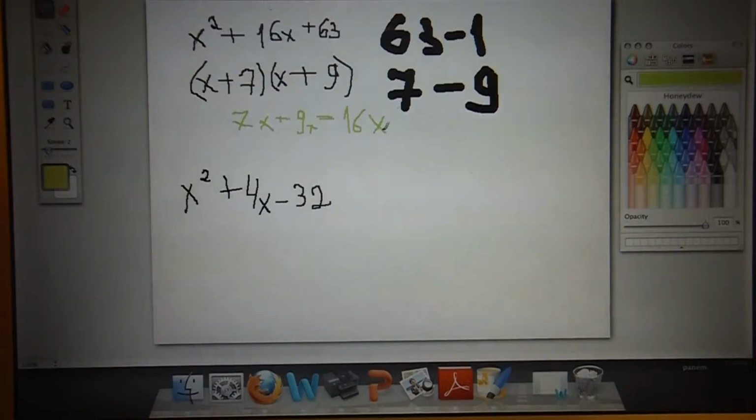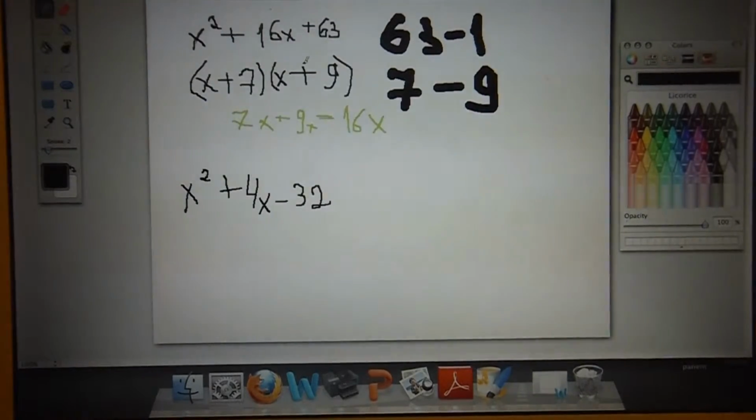It does. So this is your solution right here. This is your answer. x plus 7 times x plus 9. This is the solution, and we cannot simplify it any further because we don't have anything that it will be equal to. Now let's take a look at the second one.